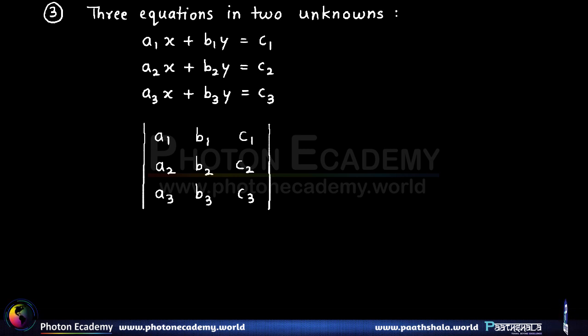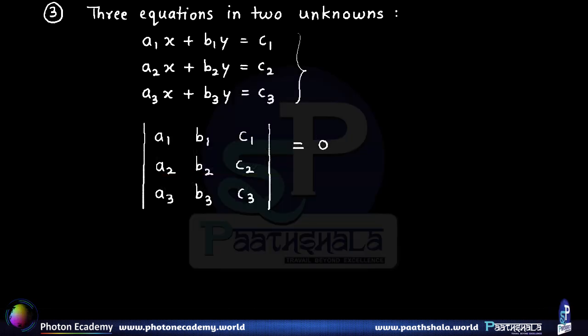Now if the system of three equations is consistent, that is, if it is supposed to have a common solution, then we must have this determinant equal to 0. So consistency of these three equations implies that this particular determinant should be equal to 0.